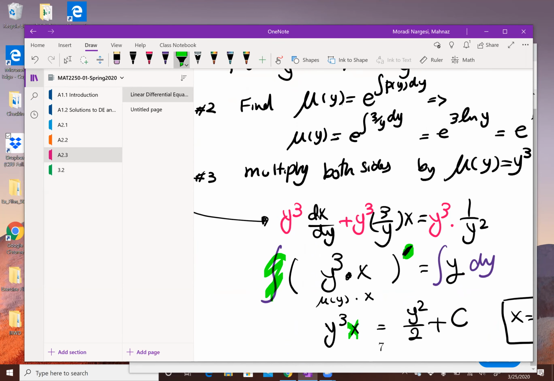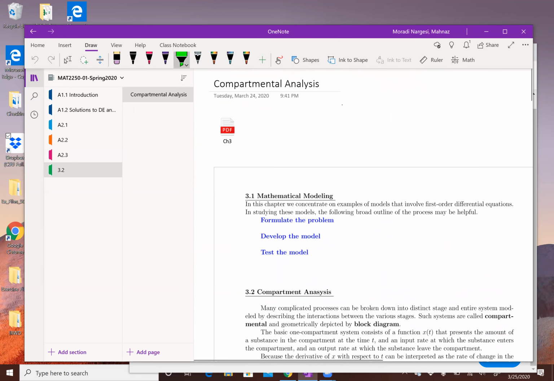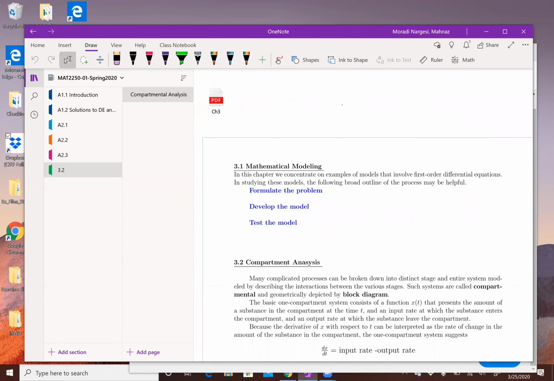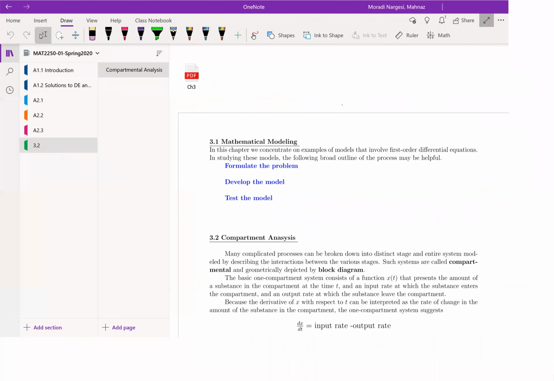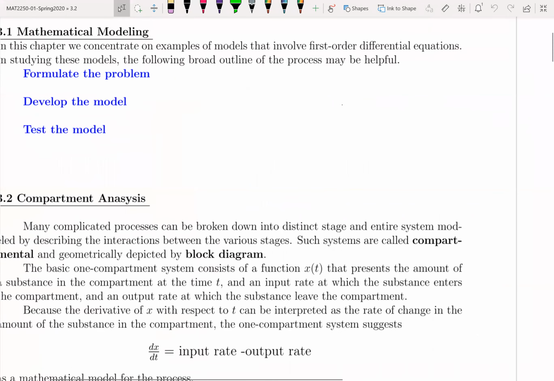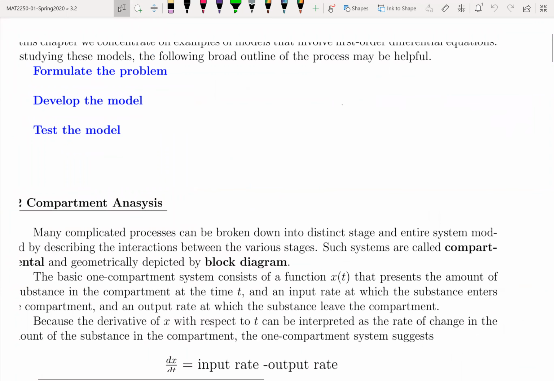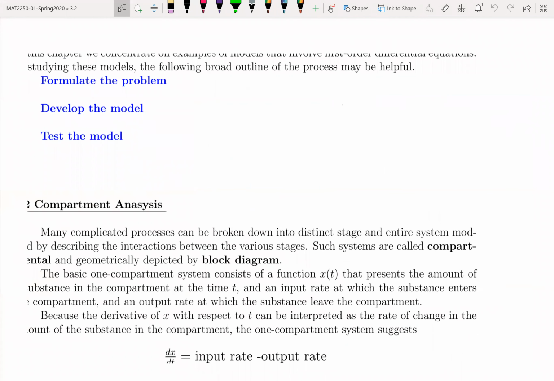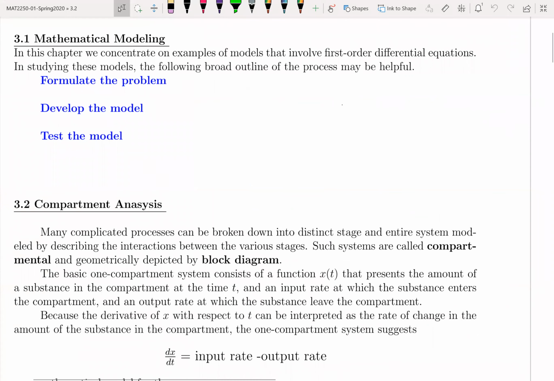I'm going to move to the next section. According to the schedule, we have only one section of chapter 3, and chapter 3 is called compartmental analysis. What it is really is modeling your problem.